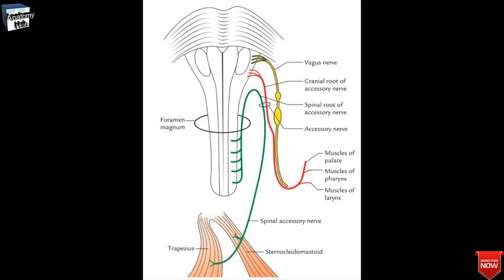And the nerve traverses the posterior cranial fossa and reaches the jugular foramen, and it meets with the cranial portion of the accessory nerve before exiting the skull along with the glossopharyngeal and the vagus nerve.